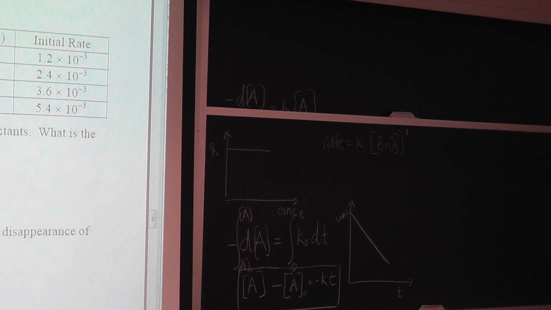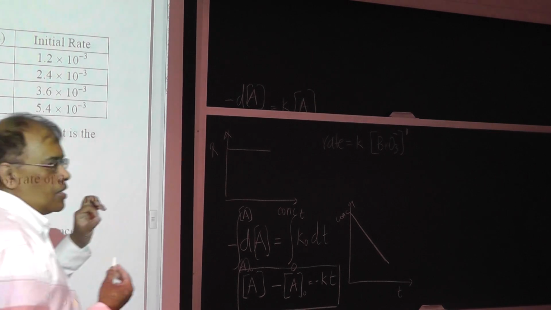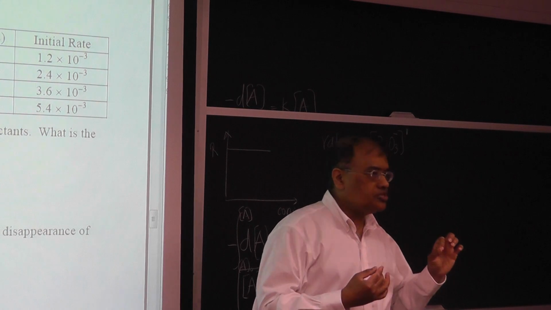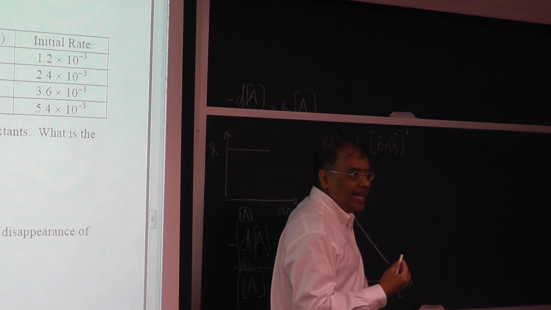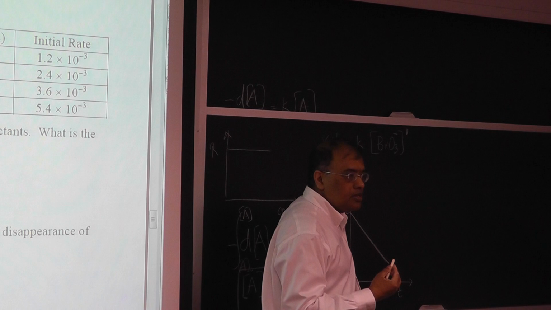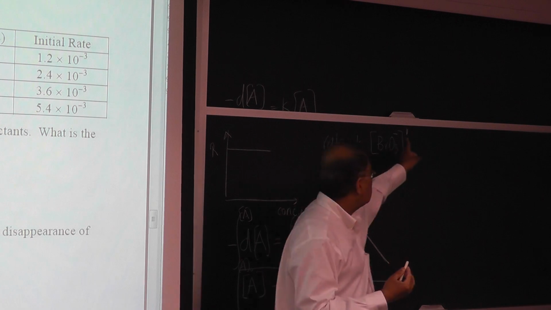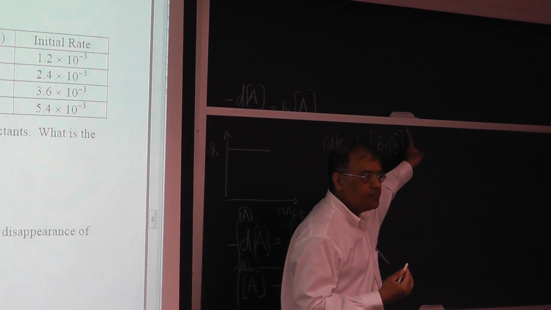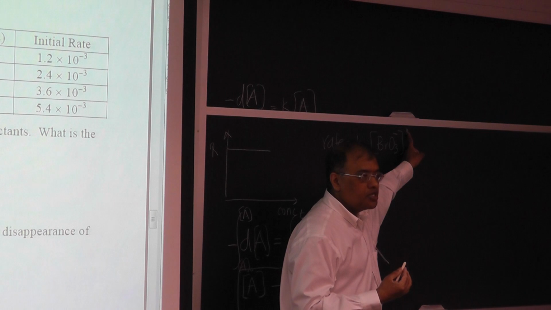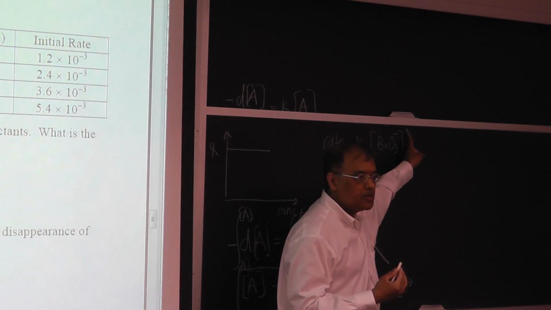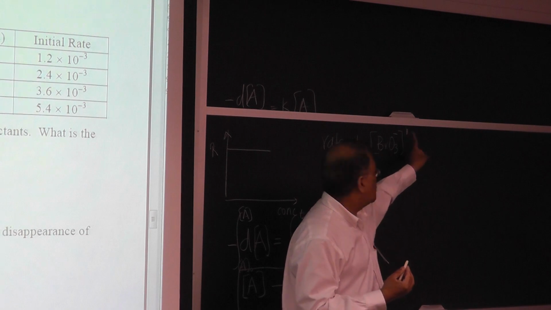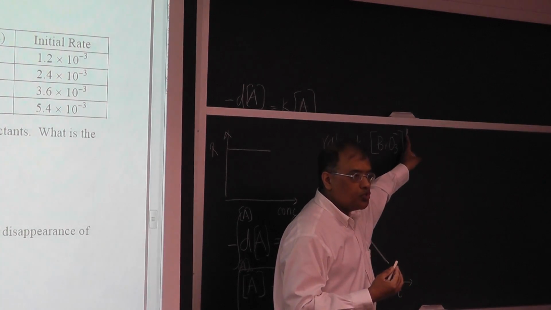How do you get 3? 2 to the power 3 is 8. 2 to the power 1 is 2.